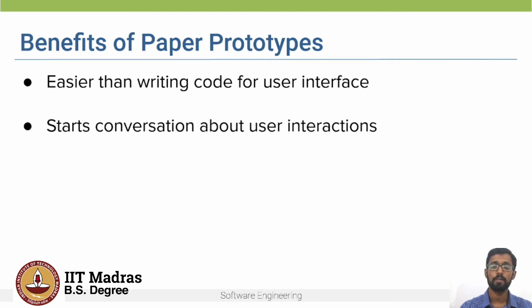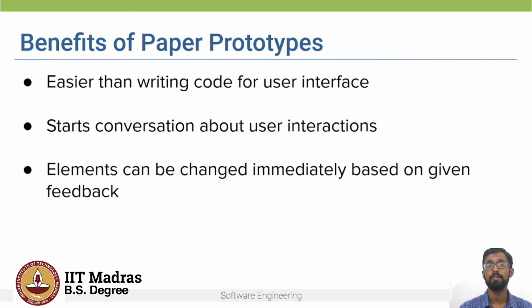And with paper prototypes, you can start conversations about user interactions. As we saw, it gives us a flow of how the screens will progress for different features. And this can be used to talk to the client and see if both the client and the developers are on the same page.